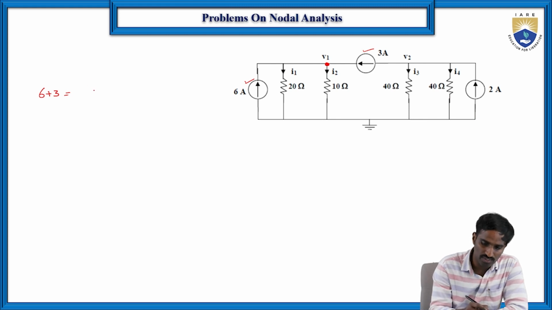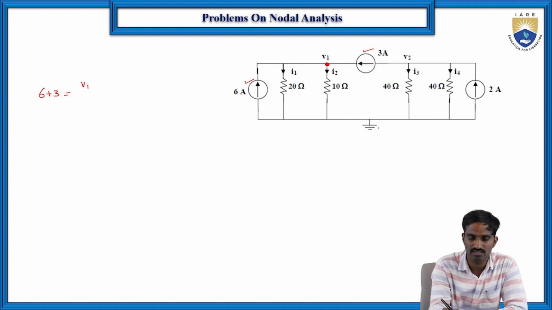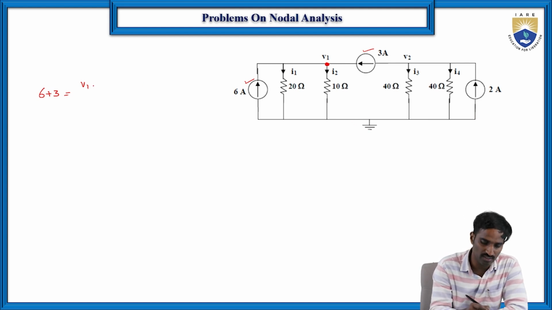Here I1 is V1 minus 0, because it is the 0 potential, so I'm not normally writing it, but for our understanding let me write it. So (V1 minus 0) by 20 plus (V1 minus 0) by 10. Let us consider this is equation number 1.